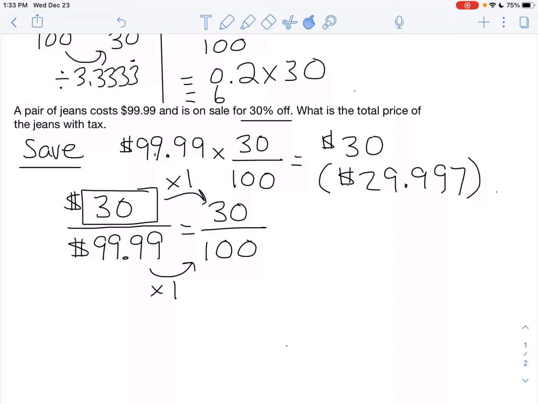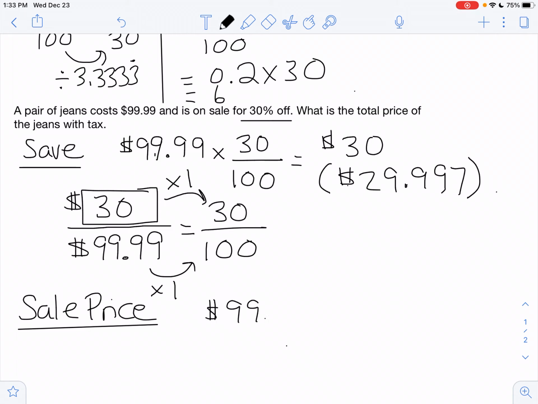Okay, now what we need to do is figure out how much the sale price is, because that's how much we just saved. So we saved $30. So what we're going to do is we're going to take $99.99 and subtract what we saved. So the original price minus the discount. So we saved $30. Okay, well, 100 minus 30 is going to give us $70.